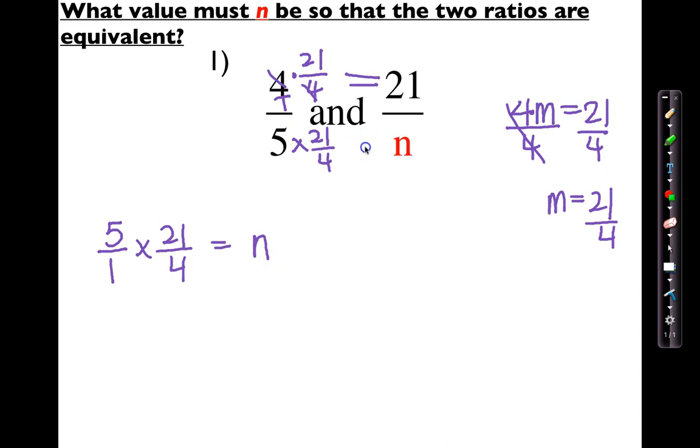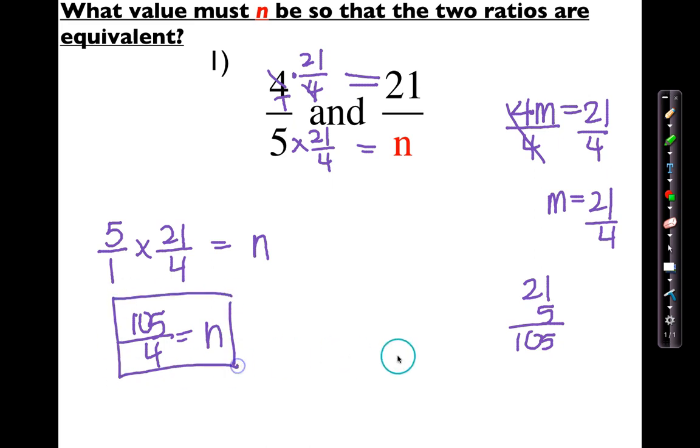This is going to equal n real quick. 5 times 21 is, let's see, 21 times 5. It's going to give me 105/4 equals n. So my value is going to be this here.